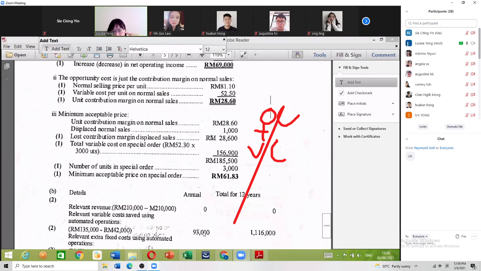Plus your opportunity cost $28,600, that is the total cost. Then divide by 3,000, so the minimum is $61.83. This is your minimum cost, so when you set your price, it must be above $61.83.